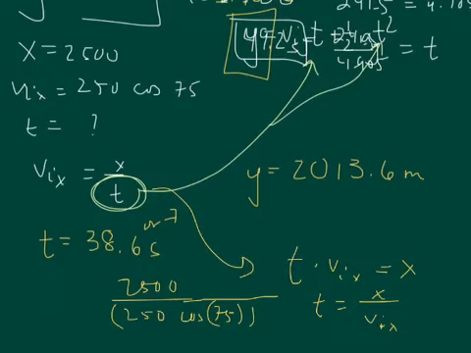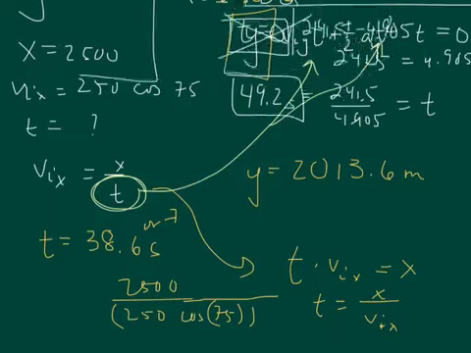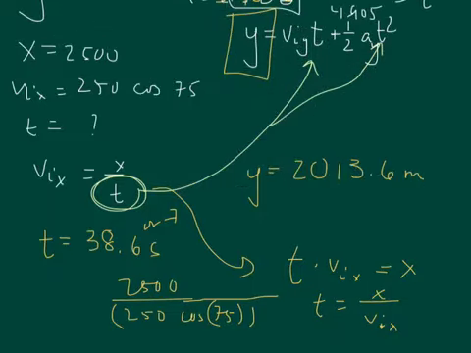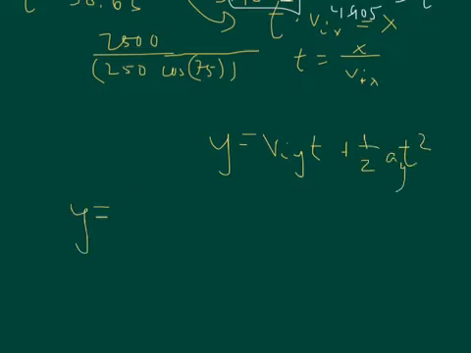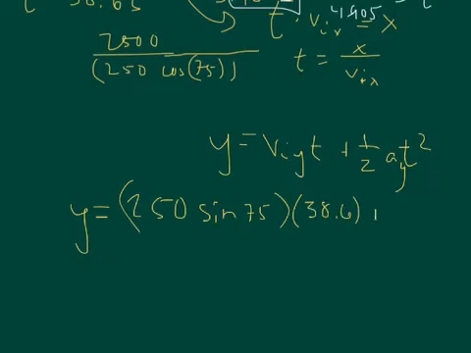All right, so look, guys, let me do it if we're all confused. Real quick. We're going to find y. Remember, this was the equation. y equals 250 sine 75, that's VIY, times the time, which was 38.6, plus 1/2 negative 9.81 times 38.6 squared.